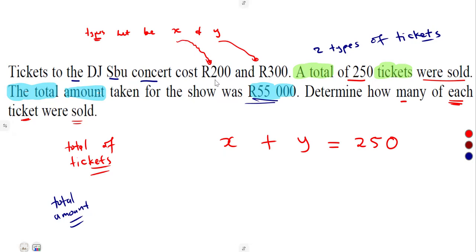Remember, we are saying there is a cost of 200 Rand a ticket. A ticket costs 200 for X tickets that are there.